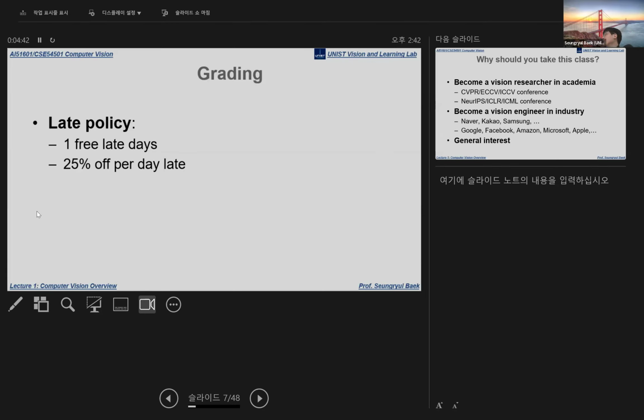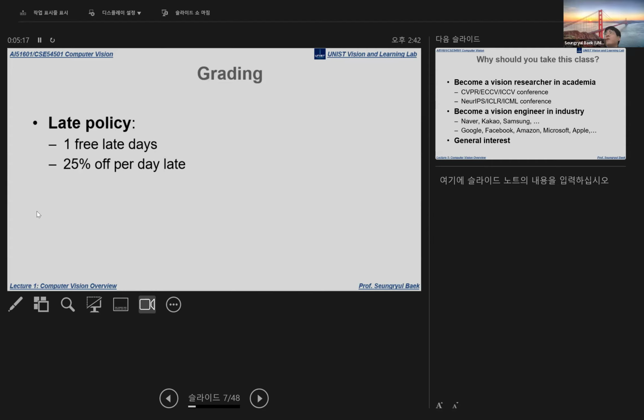But for the final project, there will be no late policy because the deadline for the final term project is normally the end of the semester. So we don't have any time to give you more delay. For processing the final grade, we have some time, and the deadline for the final term project will be the latest day before the final grade processing time.